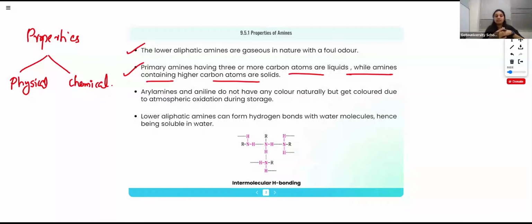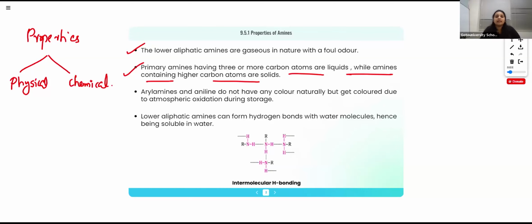So the nature will move from gas to liquid to solid. Normally they are liquids, but as the number of carbons increases, they become solids. All organic compounds are volatile, we know. The same thing is here also.